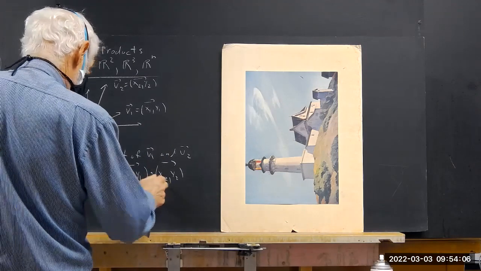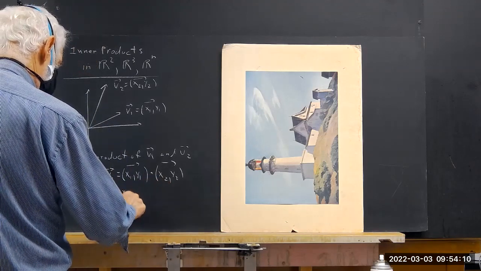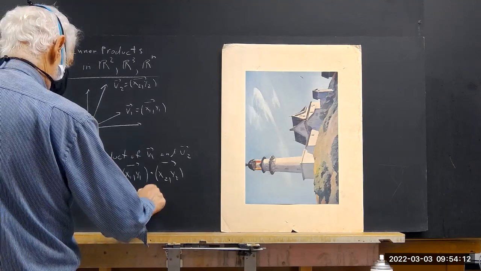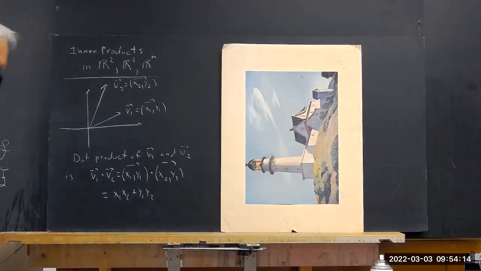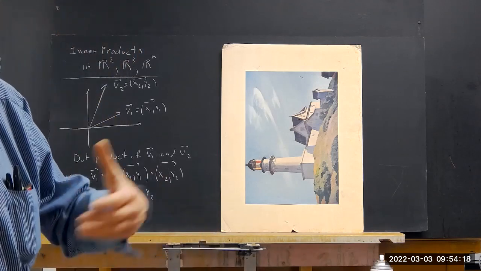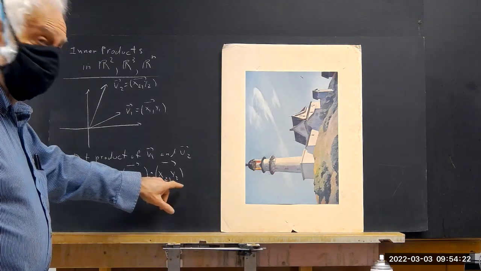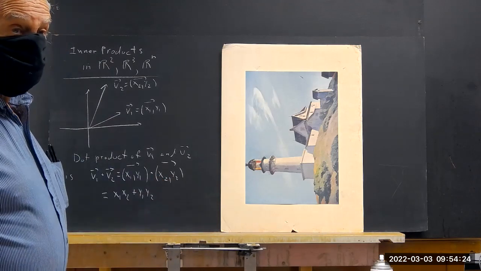Okay. Very simple. Just x1 times x2 plus y1 times y2. First coordinate times first coordinate, second coordinate times second coordinate.